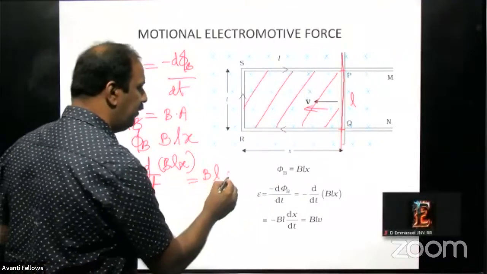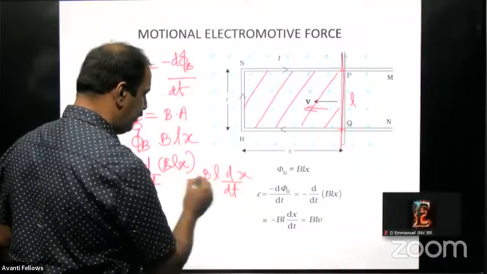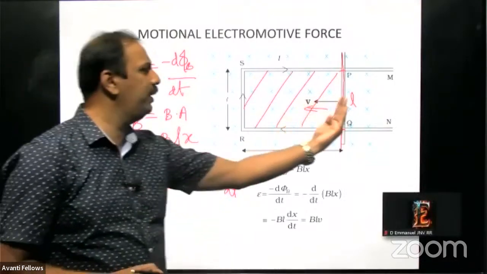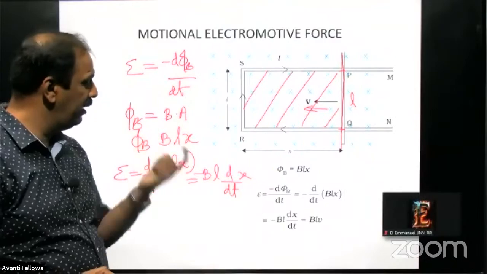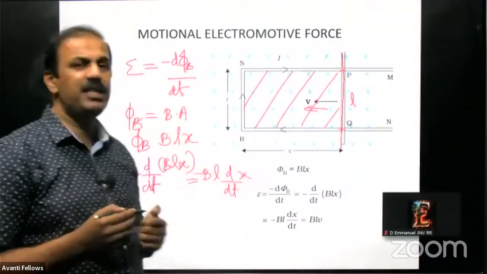Then we have to take the derivative d by dt of x only. This minus sign is there only. So what is dx by dt? It is moving, x is the distance. So dx by dt will be the rate of change of position, that is velocity.